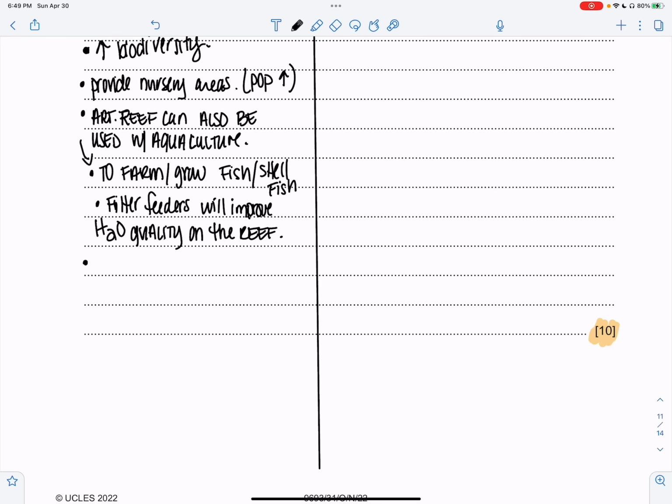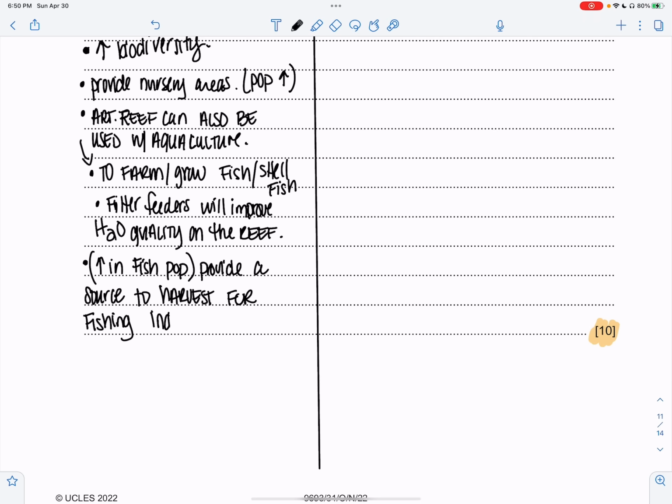Farming fish aside, just what about the wild populations? An increase in fish populations. So just context for this, that's why I put it in parentheses. Provide a source to harvest for fishing industries.